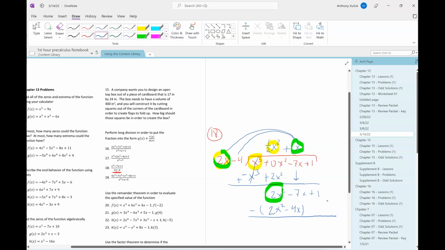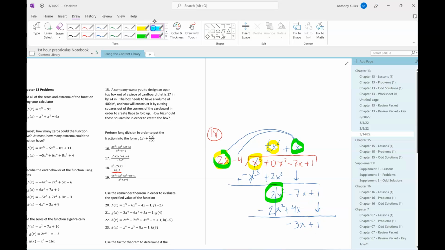Again, I'm going to distribute the negative. So 2x squared minus 2x squared, again, those just cancel out. -7x plus 4x is -3x. And then we'll bring everything else down.